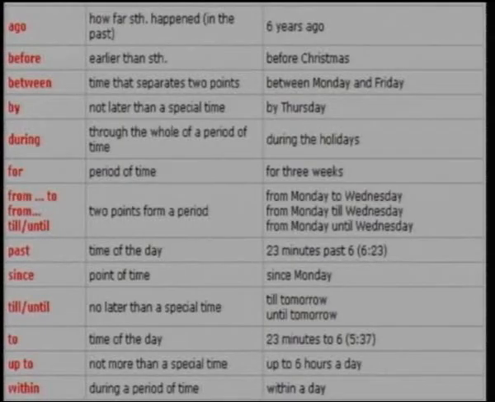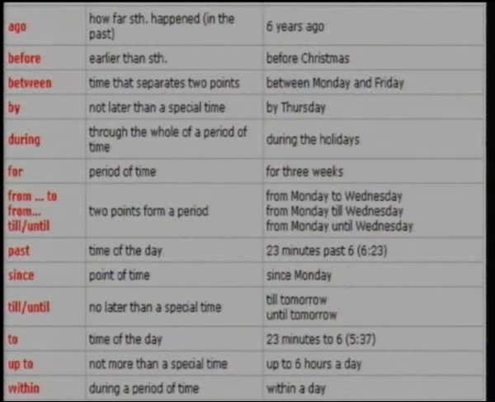During the holidays. For also refers to a period of time. For 3 weeks, this is duration. I stay in Gaza for 6 months. I'll stay in Gaza for 6 months. I have stayed in Gaza for 5 months.